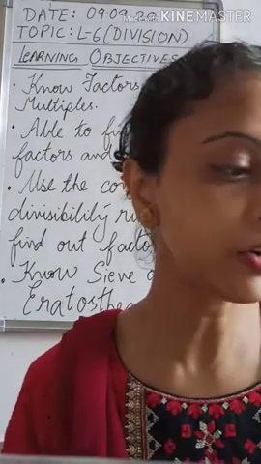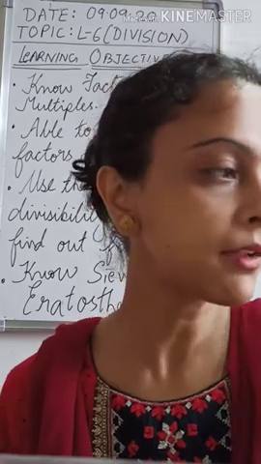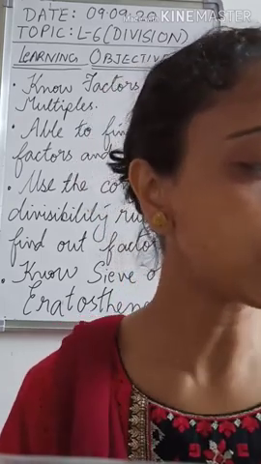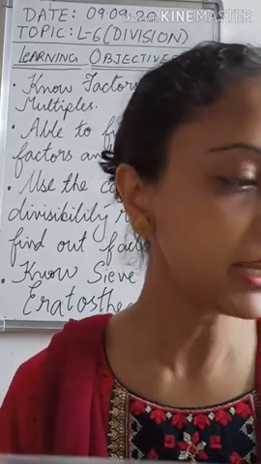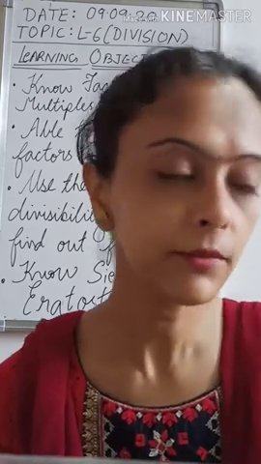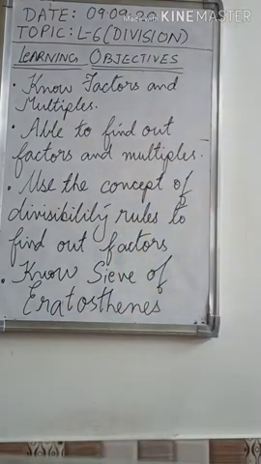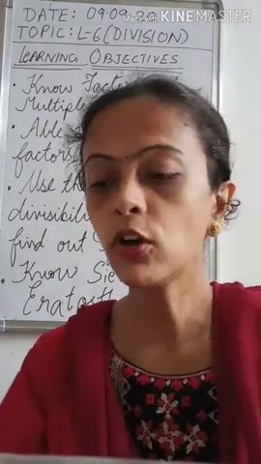So these are the learning objectives. Before we start our class children, get ready with the workbooks. We will do workbooks today. Take out page number 62 of your workbook.